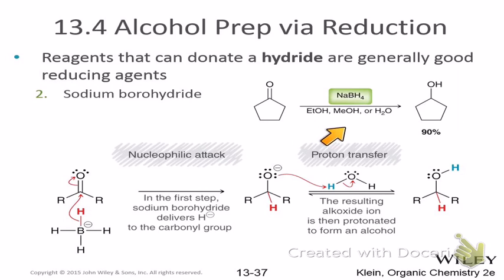If you think about the way these reagents work, hydrogen is more electronegative than boron or aluminum. That's why it carries the negative charge with it, because hydrogen's more electronegative. And that's what allows it to do a hydride transfer.